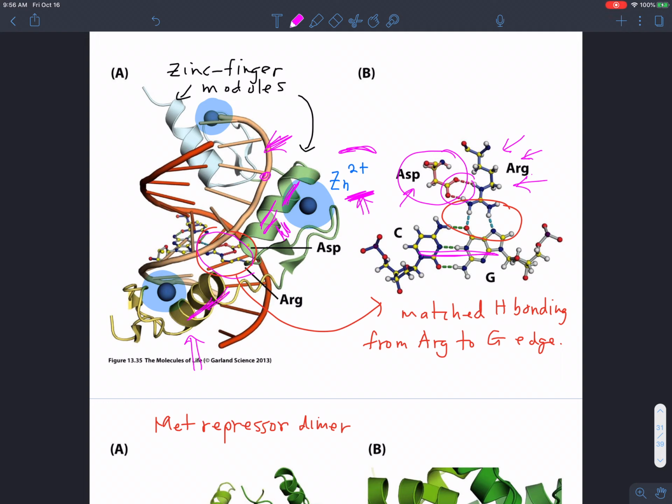So there's an interaction within the protein that's holding this arginine in place so that it can interact better, more specifically, with the edges of the CG base pair. That makes this hydrogen bonding interaction more favorable than it otherwise would be. So this hydrogen bonding interaction is helping to make this hydrogen bonding interaction more favorable.